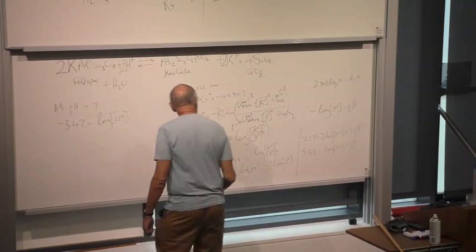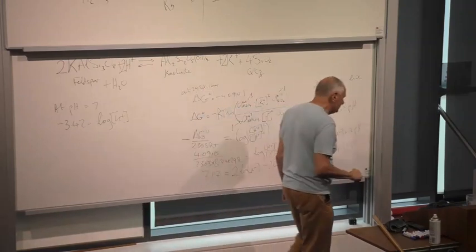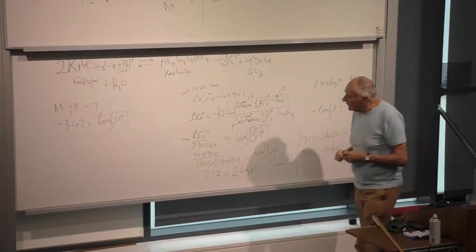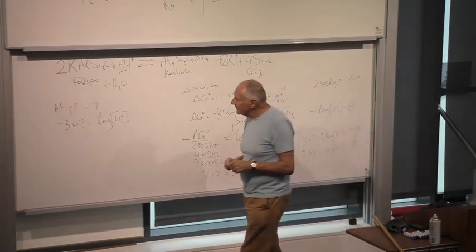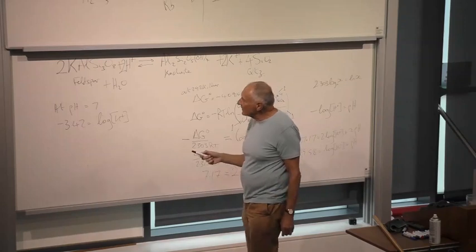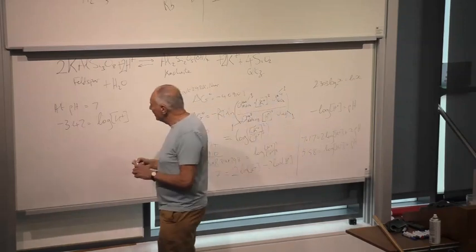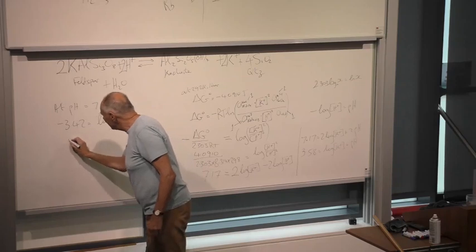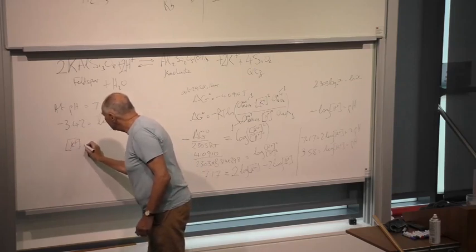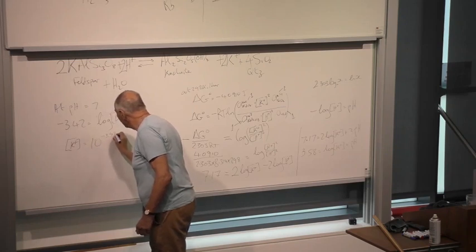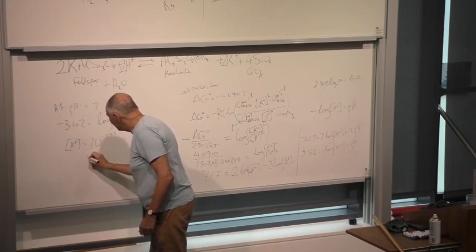So at equilibrium, if our pond is nice and neutral, it will continue reacting until the log of the potassium concentration reaches minus 3.42. We anti-log that, that means that the potassium concentration is equal to 10 to the minus 3.42, which ain't very much.